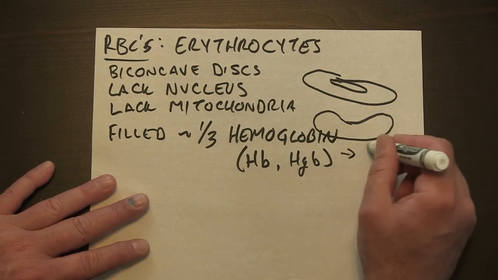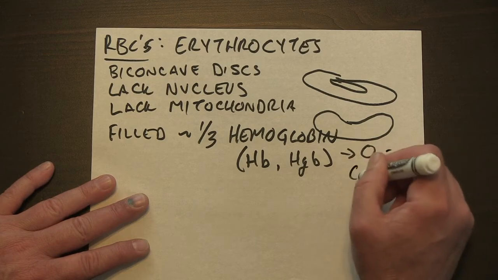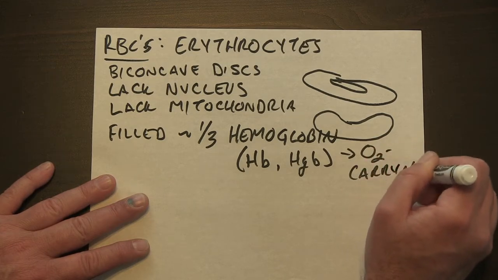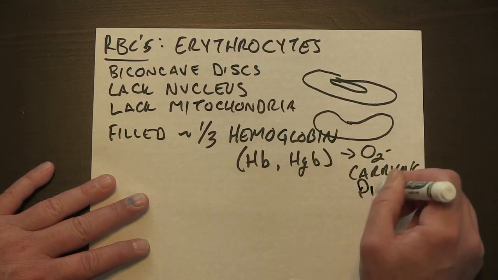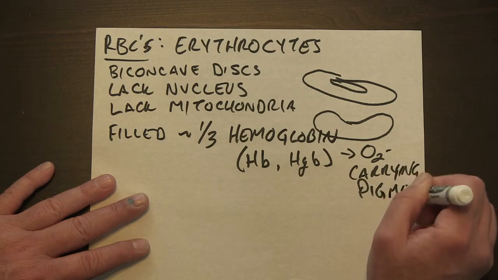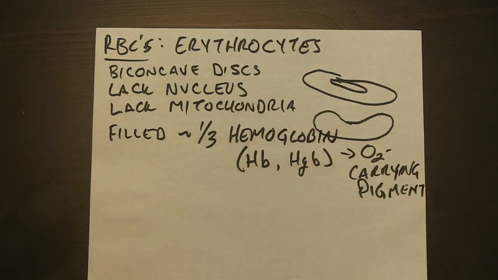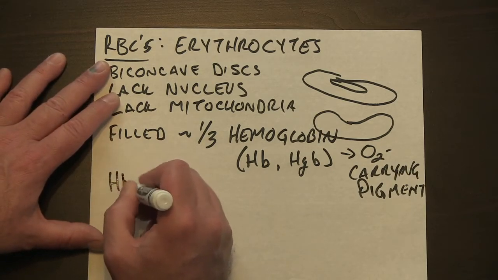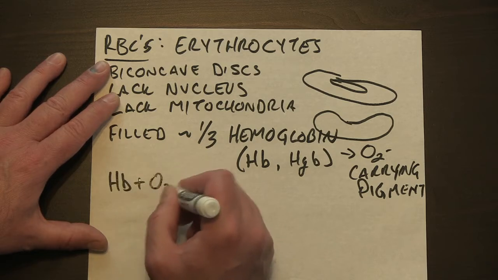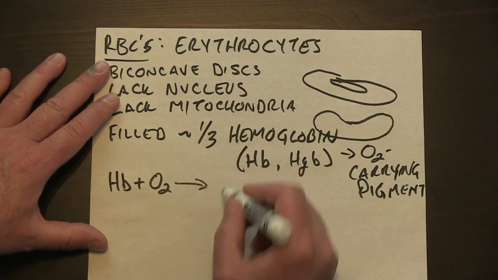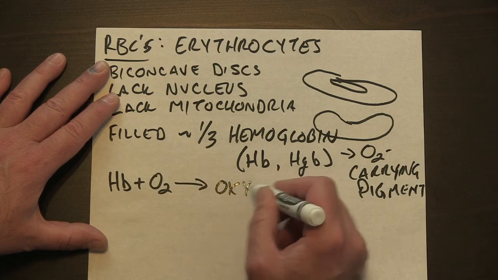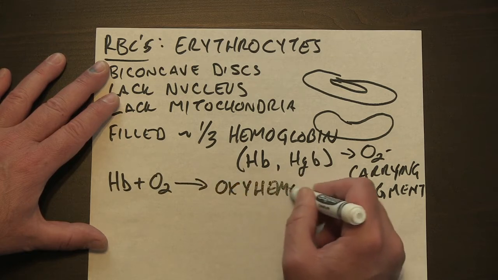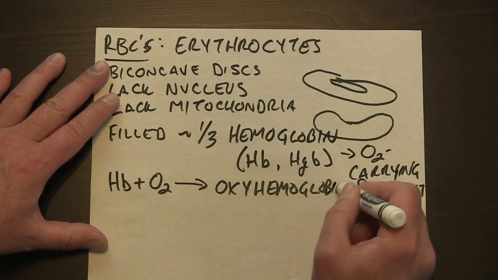The shorthand for hemoglobin is HB, or you might see it as HGB. They call this the oxygen carrying pigment. When you have hemoglobin with oxygen bound to it, they call it oxyhemoglobin.